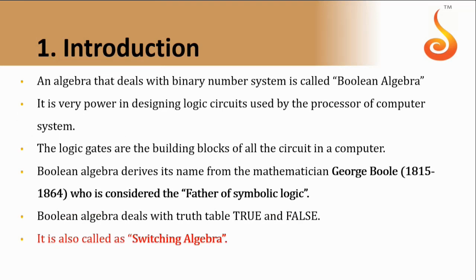So the algebra that deals with the binary number system is called Boolean algebra. It is also called switching algebra, which is a commonly asked 1-mark question. What is the other name of Boolean algebra? The other name of Boolean algebra is switching algebra.